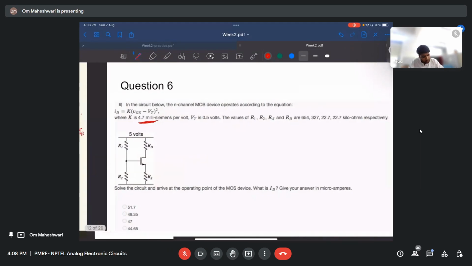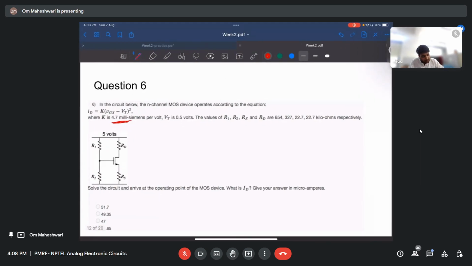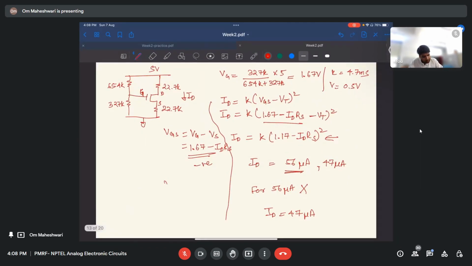When we were solving this, we had found that VGS equals 1.67 minus ID RS.